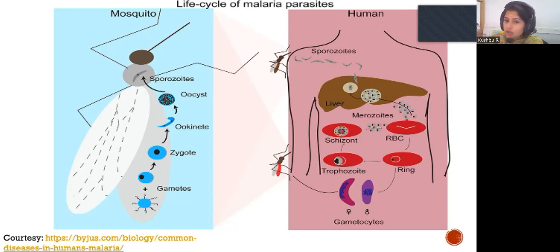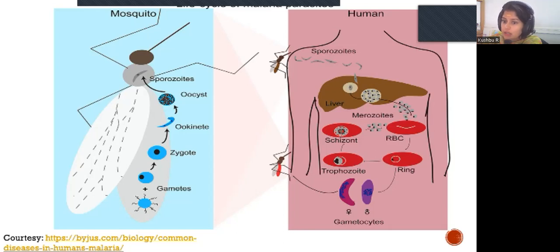To comment on the structure of the schizont, it is quite large, spherical, and multinucleated. The content inside the schizont is the merozoites. There are n number of merozoites enclosed within the schizont.